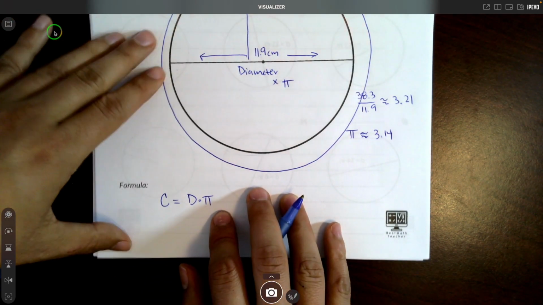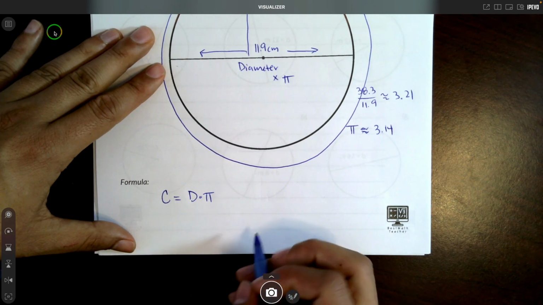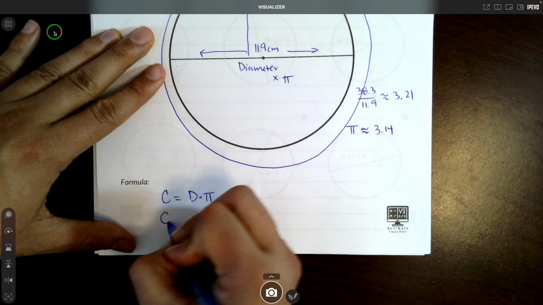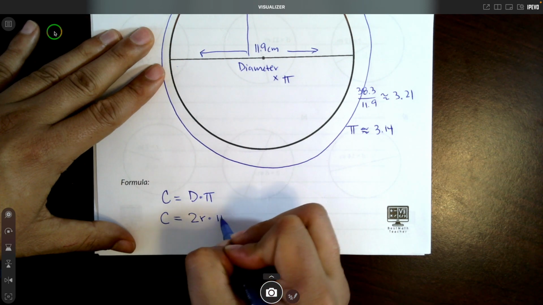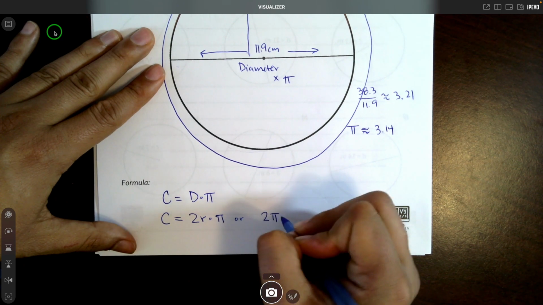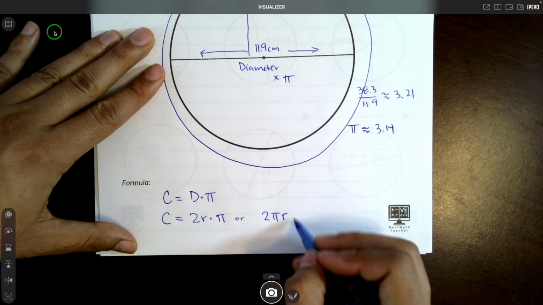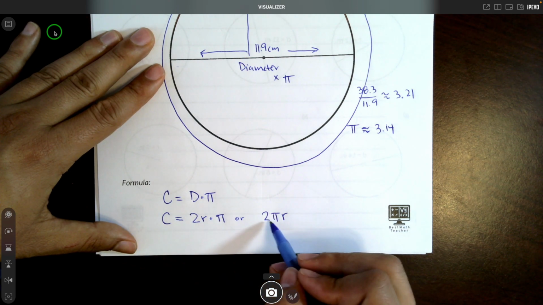Now, some of you might say, Mr. Martinez, I've never seen this formula. And it's probably true. You've probably never seen it, because most teachers tell you it's 2r times pi, or 2 pi r. Why do they say this? Because it's easy to remember. Circumference is 2 pi r.